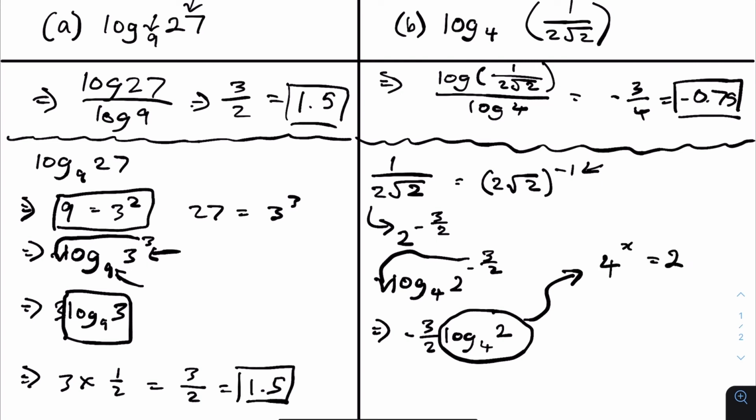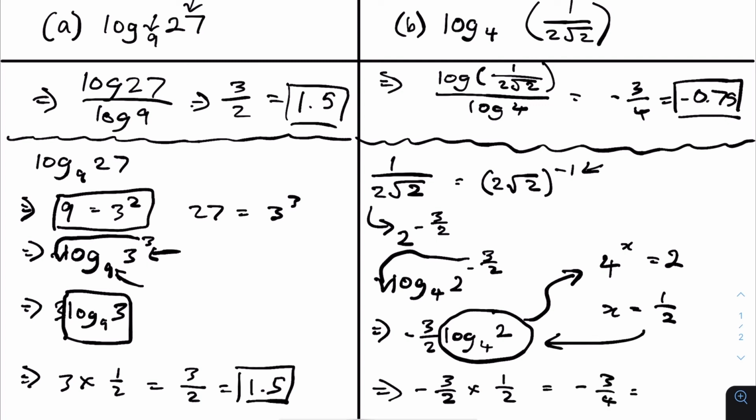We know that the root of 4 is equal to 2, so x also has to be a half, like we had in the last case. So -3 over 2 times half, because we've replaced this with half, gives us -3 over 4, the same answer as last time.